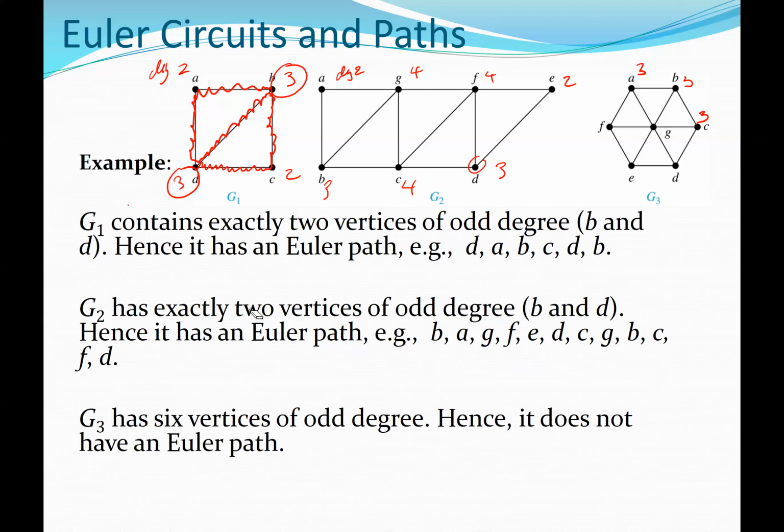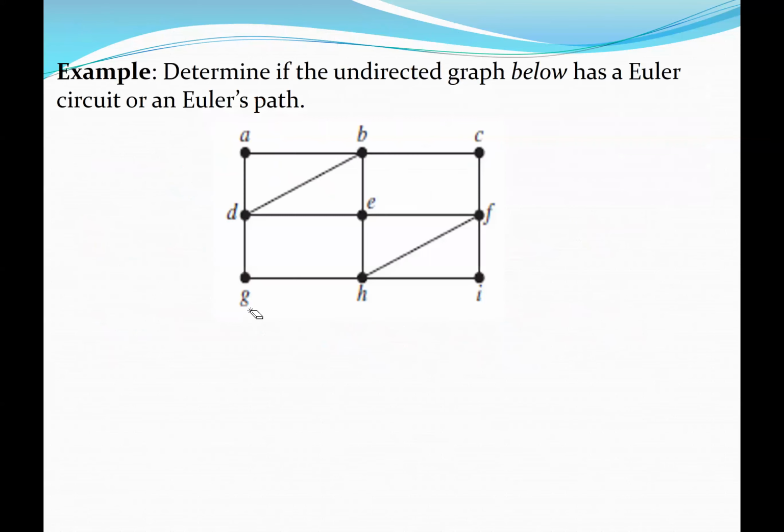Okay, if you have an Euler circuit, then you also have an Euler path, but not the other way around. That's the idea. All right, so next we look at another example here. Now let's see if you can have an Euler circuit and an Euler path.